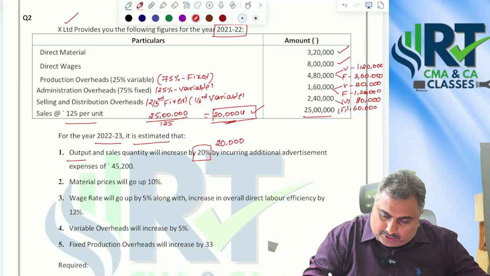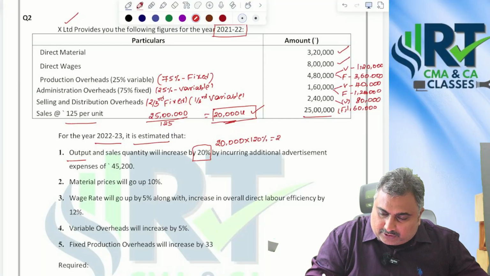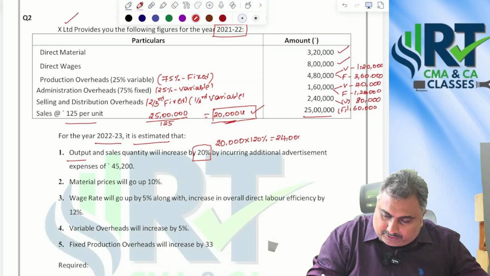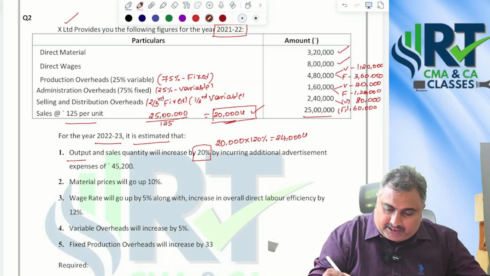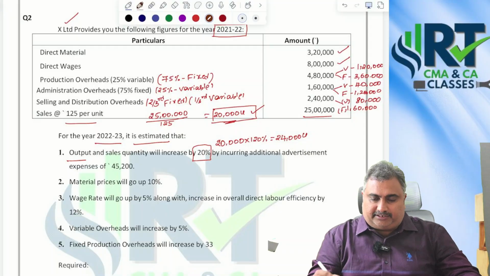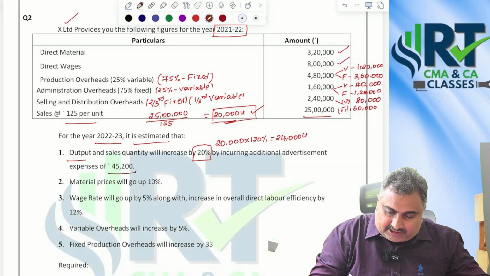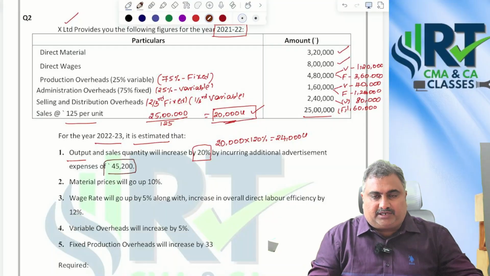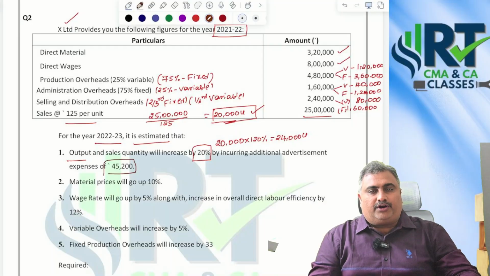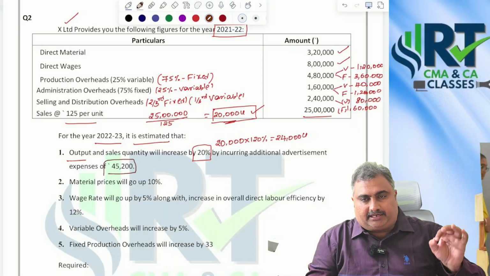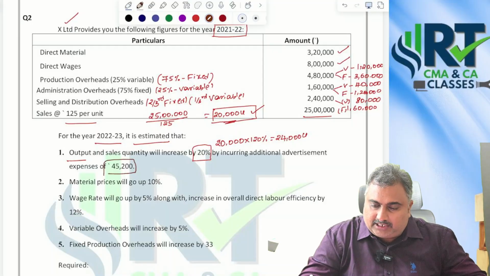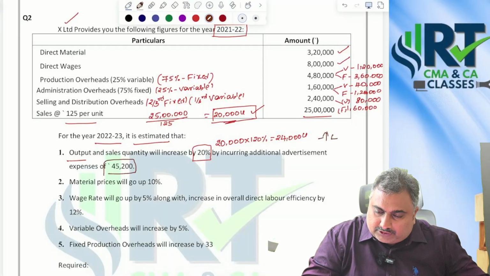That's the reason 20,000 into 120%, that is equal to 24,000 units for the year 22-23 point of view quantity. And for getting these 4,000 units extra, how much advertisement expense are we incurring? 45,200 rupees we are incurring as extra advertisement expenses to get extra 4,000 units sales point of view.